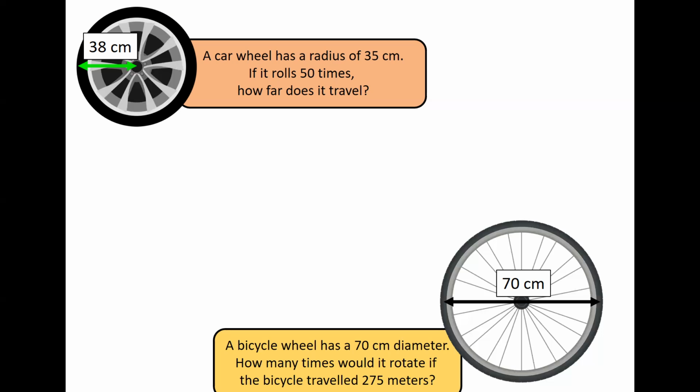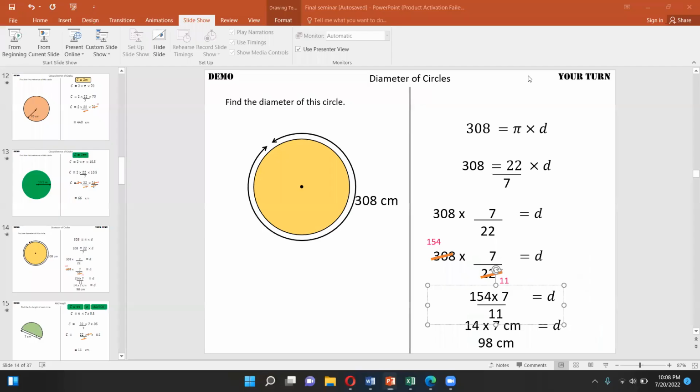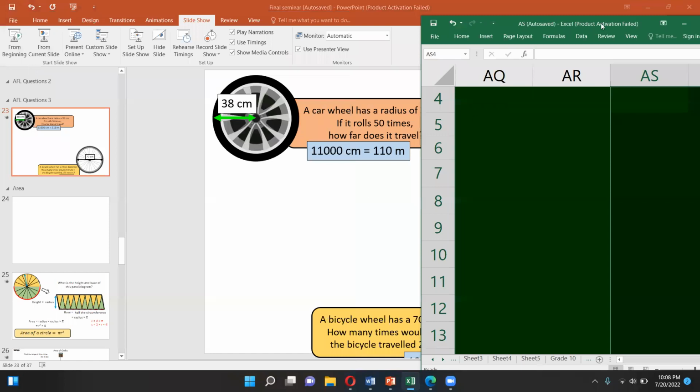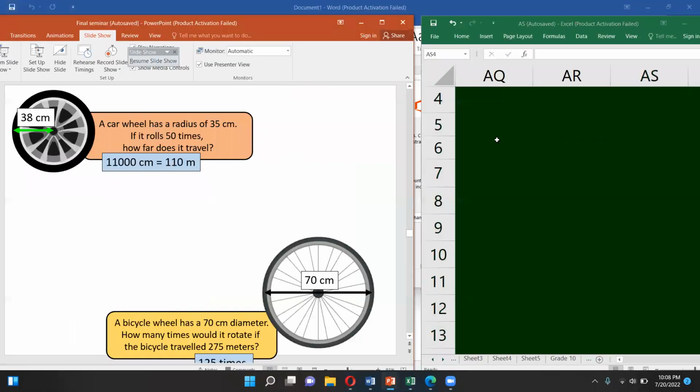So what are the steps here? First, you calculate the circumference. This circumference is multiplied by 50. Over 7.